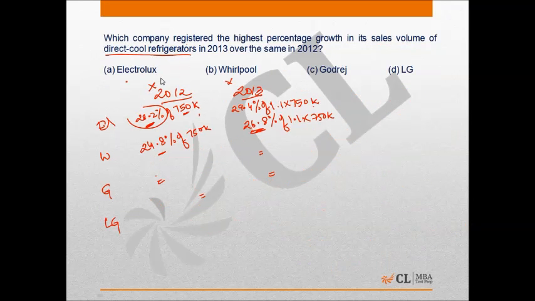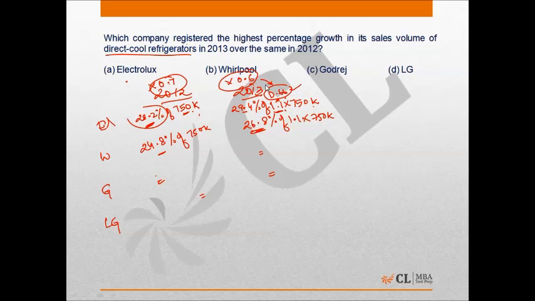So there has to be a multiplier of 0.7 and 0.6 in all of the values of 2012 and 2013. Now, 28.2% of 0.7 of 750K and 29.4% of 0.6 of 1.1. Now 0.6 into 1.1 will give us 0.66.